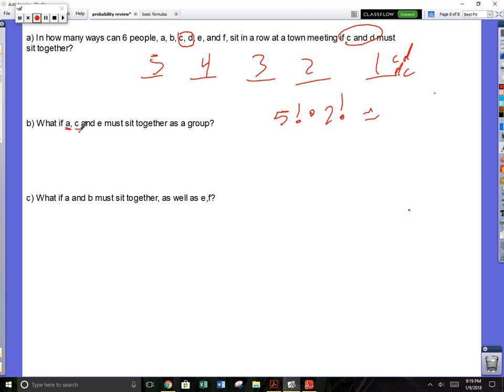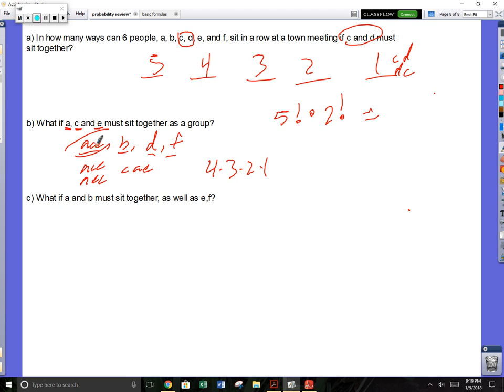Okay, what if A and C and E? So you're going to marry A, C, E. That's 1. Then you can choose B, A, B, C, D, E, F. So now you only have 1, 2, 3, 4 choices. So it's going to be 4 times 3 times 2 times 1. But this choice right here, you can go ACE, you can go AEC, you can go CAE.